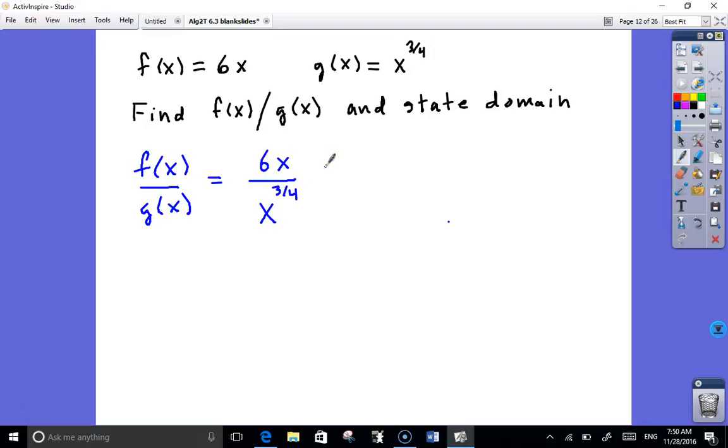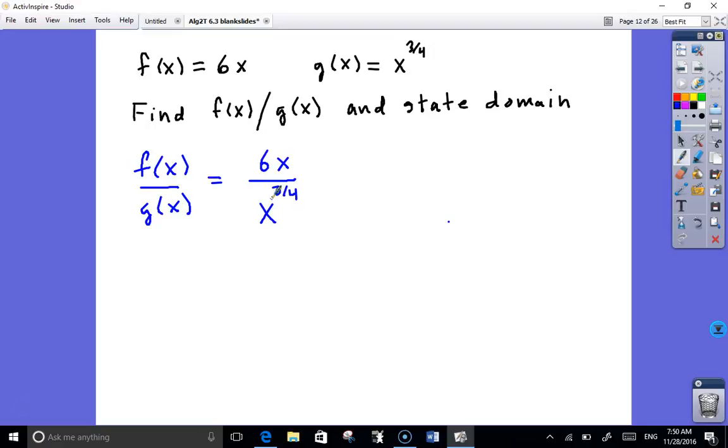Well, just before you do that, what would you say is the domain of the g of x right there? Okay, but it can't actually be equal to 0, right? Because if it was, you're dividing by 0. So when you end up with a radical in the denominator like that, you've got to say not just greater than or equal to 0, but greater than 0, right?